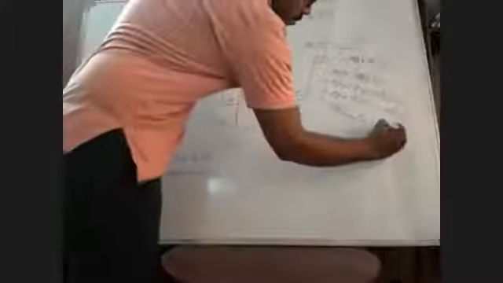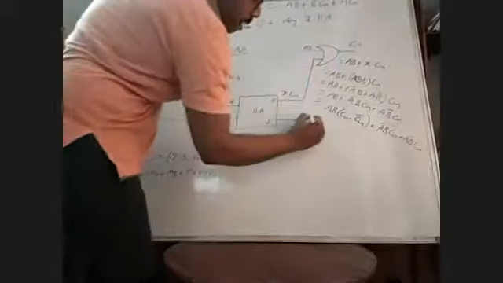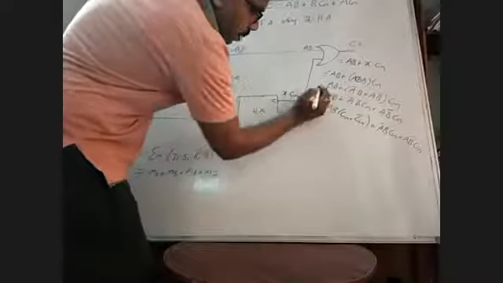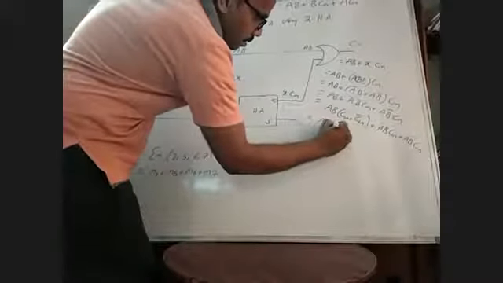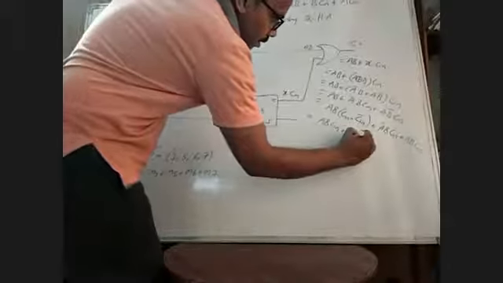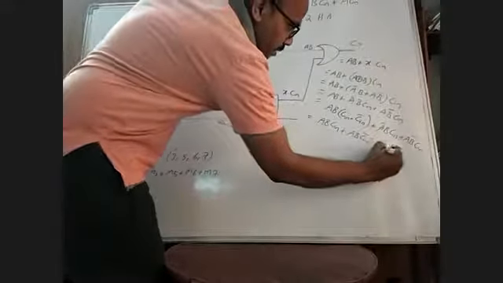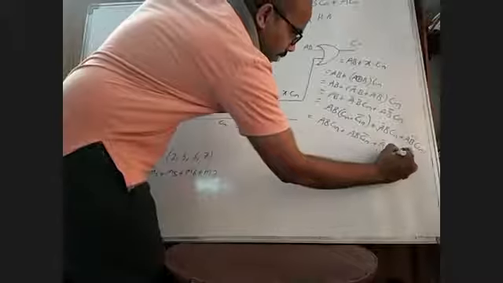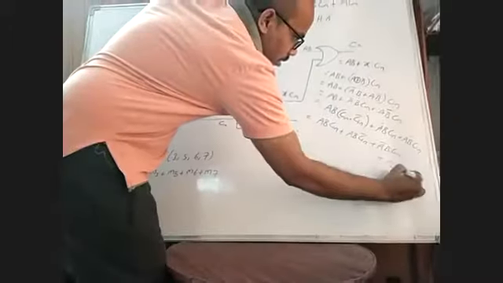Remaining terms are AB Cin plus A B bar Cin. Now multiply: AB Cin, AB Cin bar, plus A bar B Cin plus A B bar Cin.